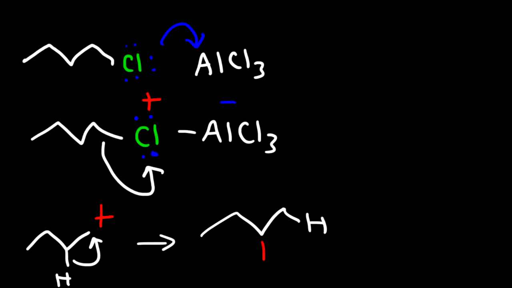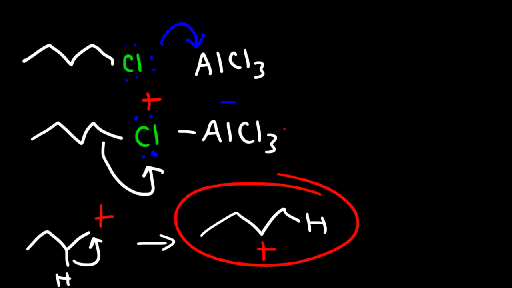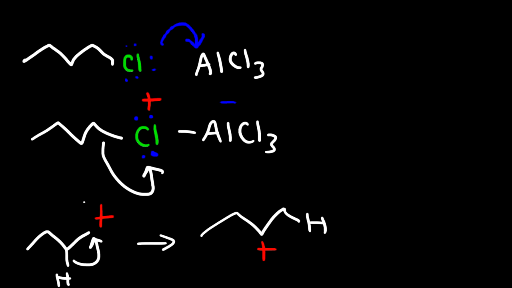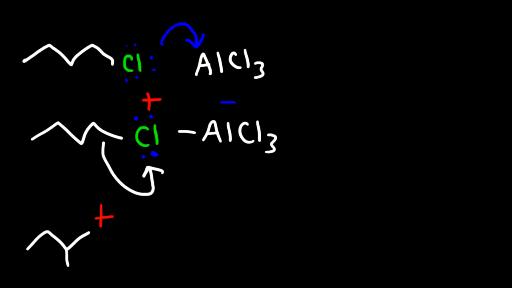And this is the species that's going to react with the benzene ring. This is the electrophile, our E+ reactant. However, the only issue with this is that primary carbocations are very high in potential energy, and so they're very difficult to form. So let's find a way to avoid the formation of an unstable primary carbocation intermediate. And what we can do is a hydride shift at the same time we kick out the chlorine leaving group.